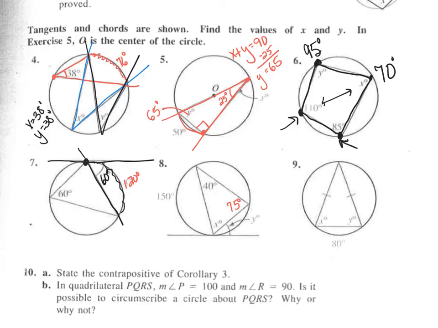Okay? Now, that triangle that I have, the 75 and the 40 and the X has to equal 180 degrees so that there's the right amount of degrees in my triangle. So if I subtract 115 from each side, I'm going to get that x is 65 degrees.